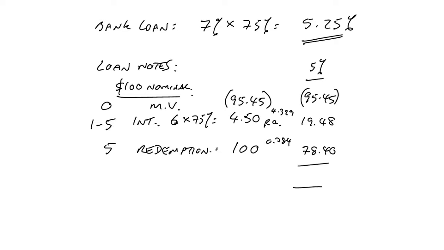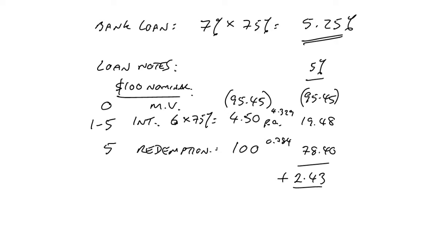So the net present value at 5%, 19.48 plus 78.4 minus 95.45, I get 2.43 positive. And so for an NPV of 0, the internal rate of return must be higher than 5%.